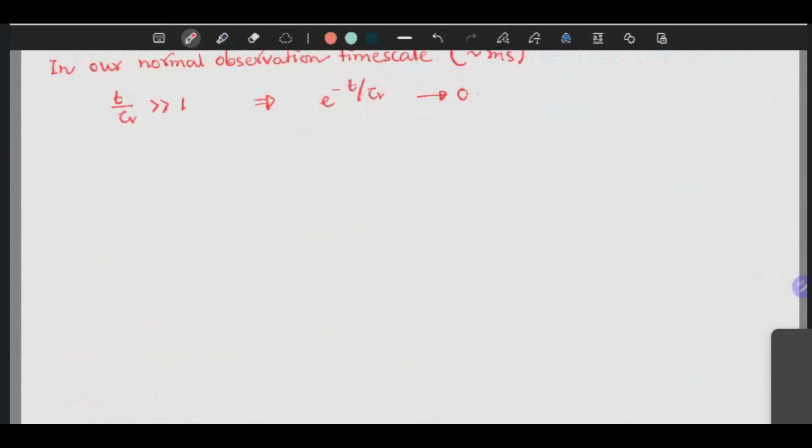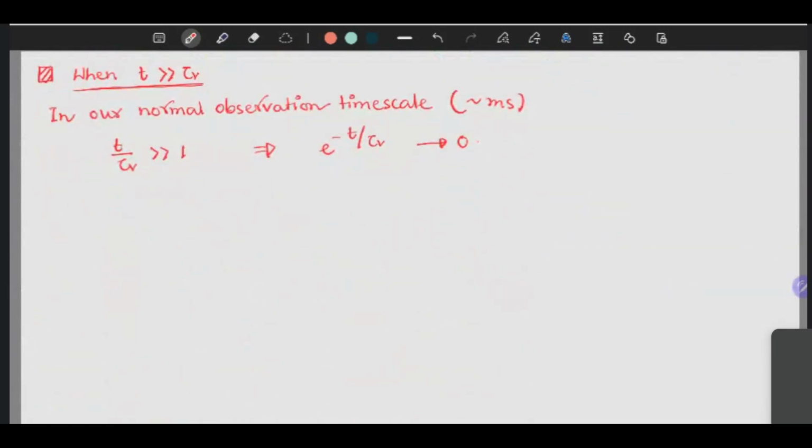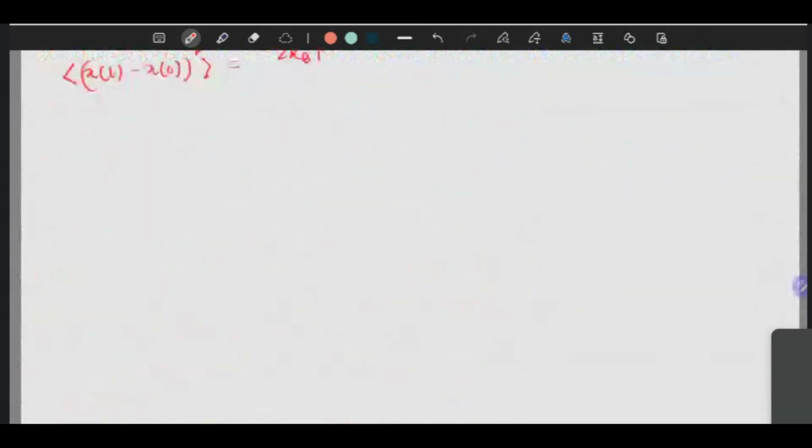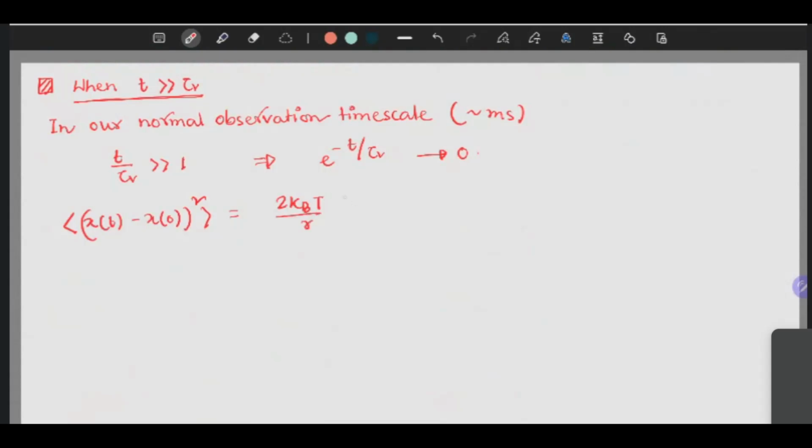so you can write then x t minus x naught whole squared average is equal to 2 kBT by gamma into t minus tau v. That will also become 2 kBT by gamma into t, because t is very much greater than tau v.